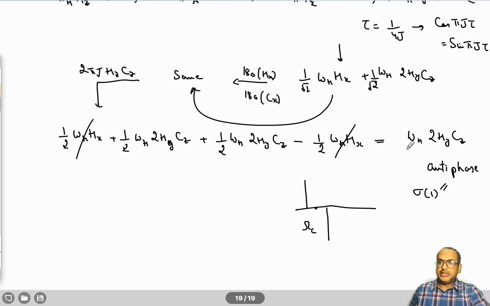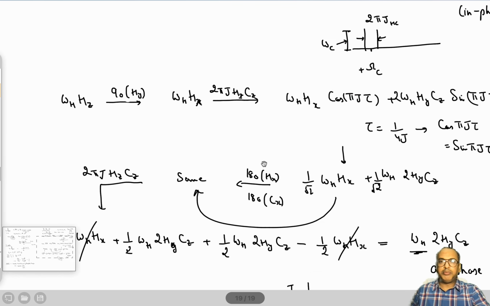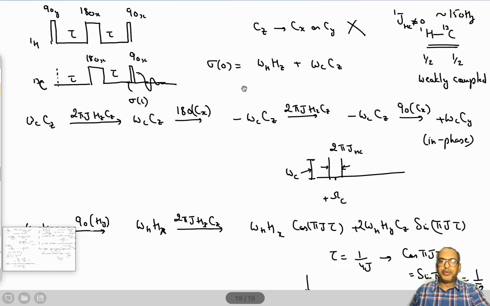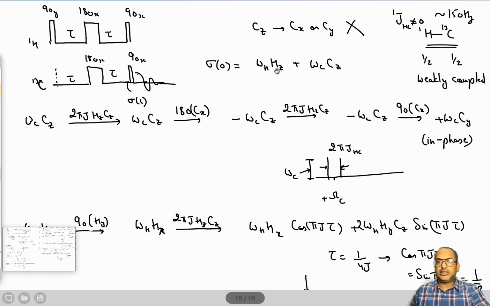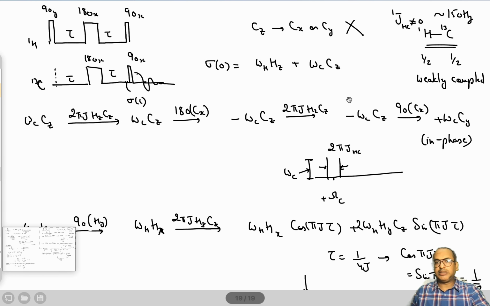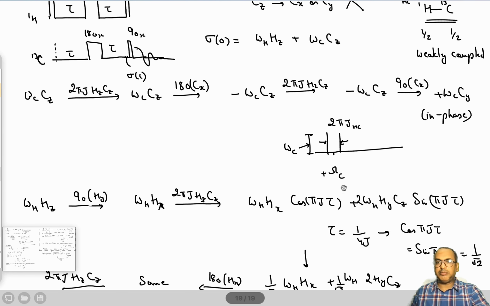However, the difference is now the intensity is proportional to omega H. So here also, negative or positive, both the intensities are proportional to omega H, right? Now, both of these terms are present, since we started with both of them one by one, so the spectrum will be a summation of these two.